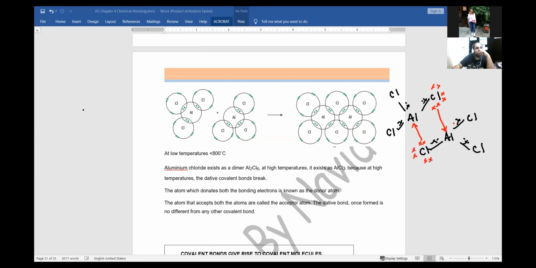Okay, so why does the chlorine atom donate electrons to that aluminium? Is that your question? Yes. Because this aluminium is electron deficient and it needs electrons. So if it sees that around it there are free electrons, it just takes in those electrons so that it can have a full octet.